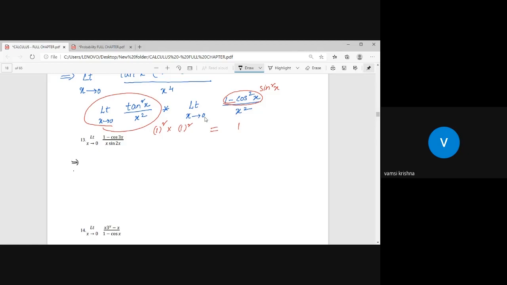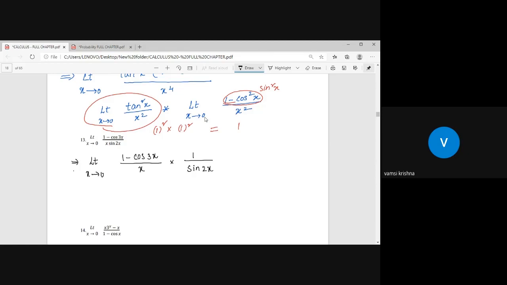From the above question, we can write limit x tends to 0, 1 minus cos 3x divided by x, and we also have in the denominator sin 2x, 1 by sin 2x.